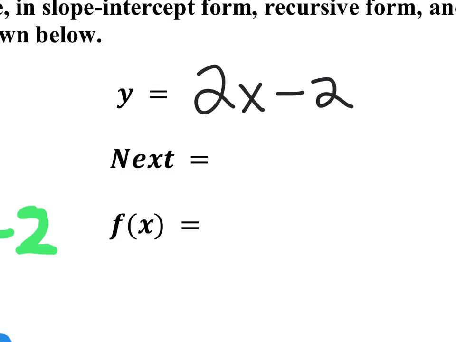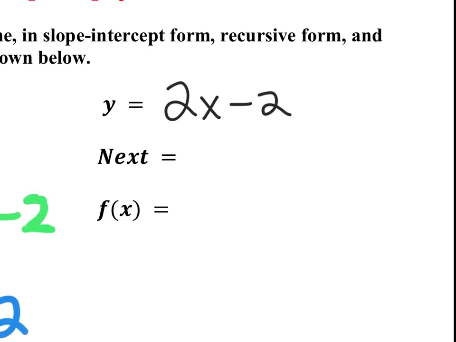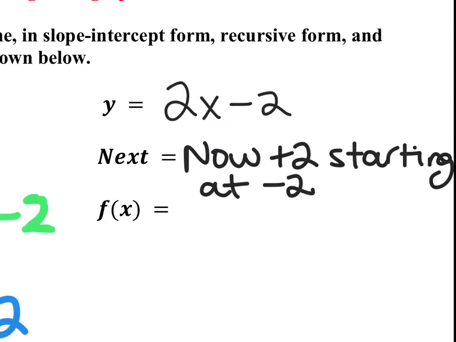Next-now would then have to be next equals now plus 2, starting at negative 2. And then the function notation, it's all the same except that we have a different name for y, so 2x minus 2.